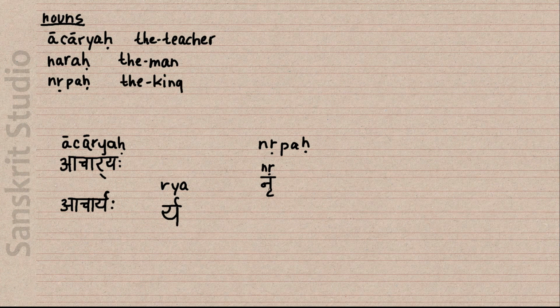The interesting thing here is that when we place it on the bottom, it replaces the a sound, which otherwise is there. So we add the little form of a C here, representing the r sound.